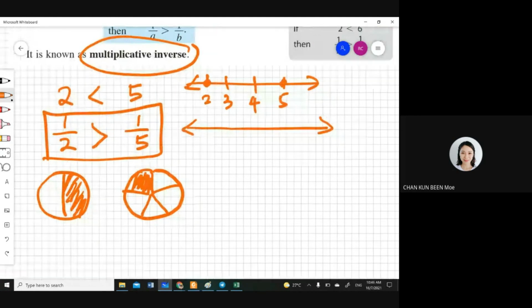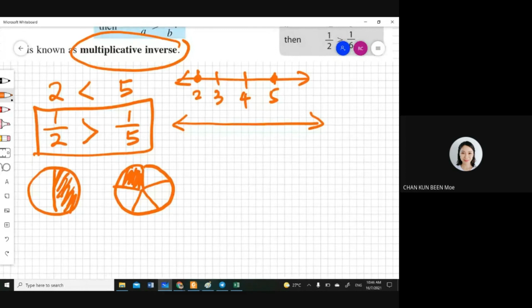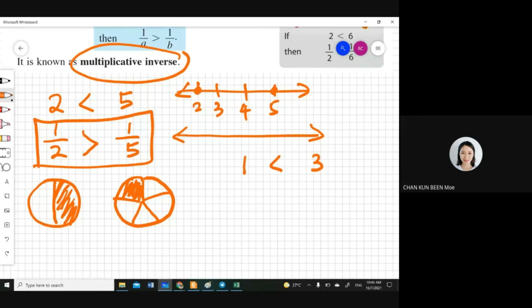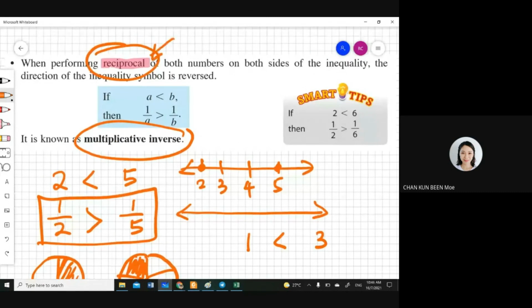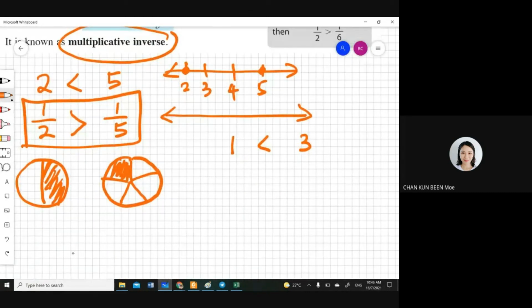Now I give you an example. You let me know the answer because I'm going to do the multiplicative inverse. So the multiplicative inverse for 1 and 3. 1 is less than 3. So when I change to multiplicative inverse, it will be the reciprocal. Reciprocal means it becomes 1/1, and then this is 1/3.